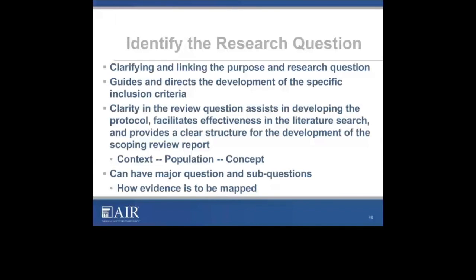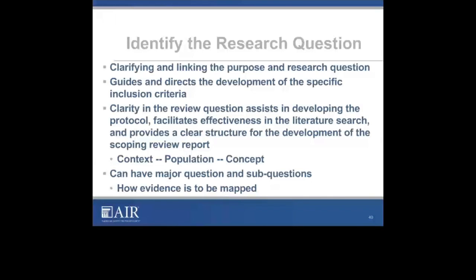And then the larger concept. They call it concept because you don't have to limit yourself to just one type of intervention or treatment. You might just stick with an overarching theme such as pain management, and then within that overarching theme ask sub-questions such as what are the different sub-treatments and individual interventions for pain management.